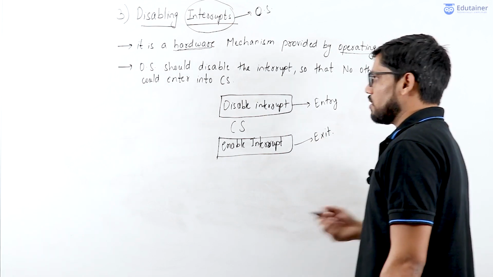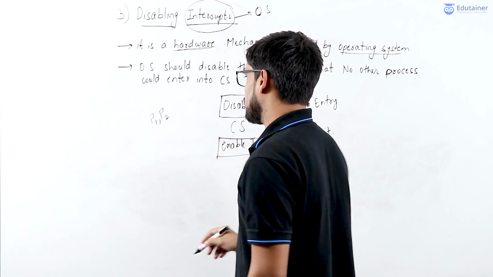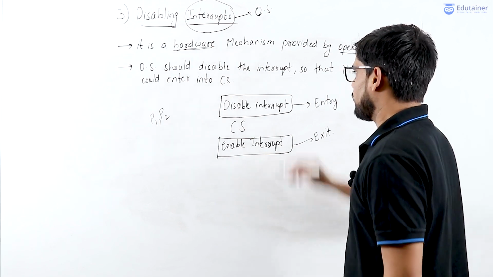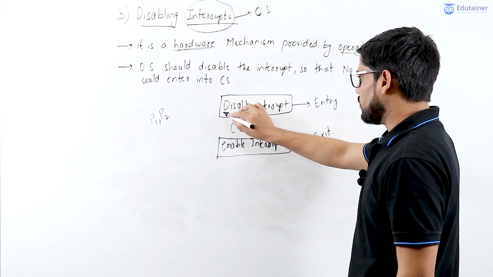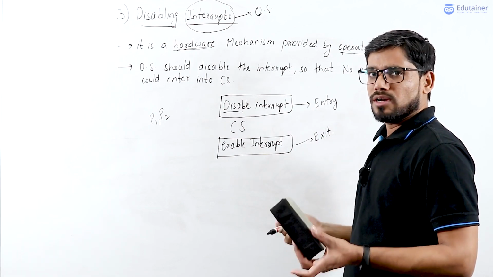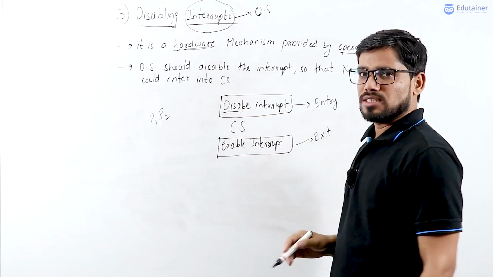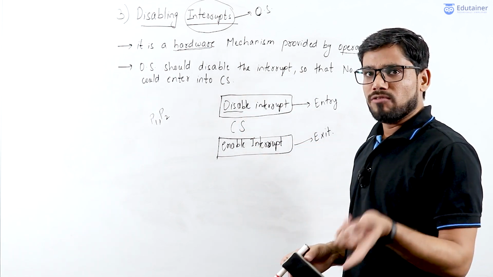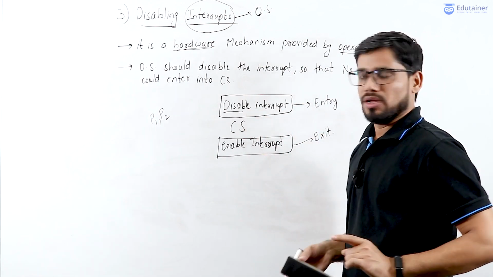Now, let's say there are two processes which are trying to enter the critical section. If process P1 first enters the critical section, then after it crosses line number 1, the operating system should disable the interrupts. Based on the disabled interrupt, no other process could enter the critical section. So if process P2 tries to enter the critical section, it will not execute line number 1 and it will fall in an infinite loop due to the disabled interrupt.